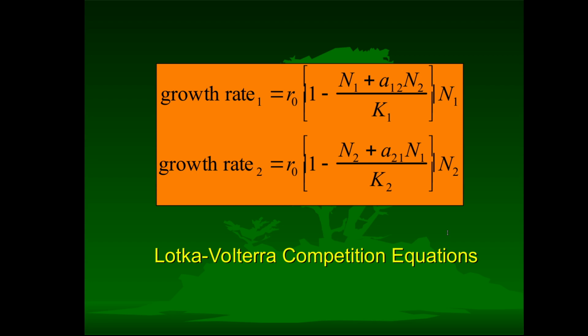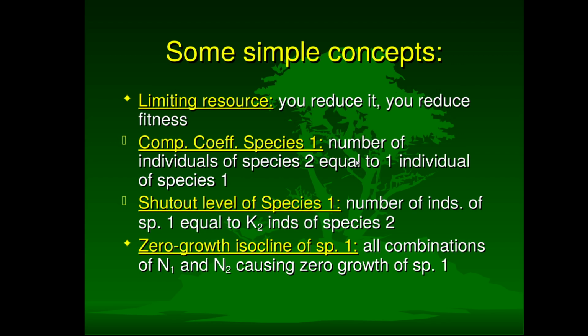Okay, so the Lotka-Volterra approach gives us several simple insights here. Number one, a limiting resource is a resource that, if you reduce it, reduces fitness. A competition coefficient for species 1 is the number of individuals of species 2 equal to one individual of species 1 in terms of the limiting resource, its effect on the fitness of species 2.